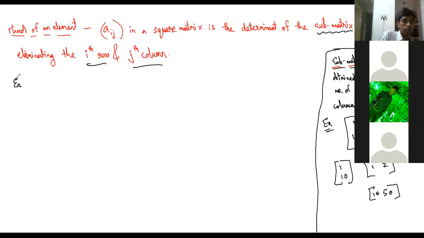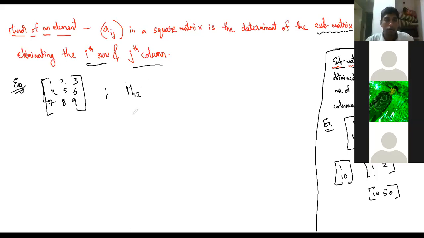Example: 1, 2, 3, 4, 5, 6, 7, 8, 9. Let us say this is a matrix. The symbol for the minor is Mij. Can anyone tell me what is M12?